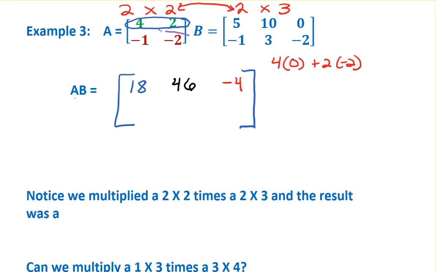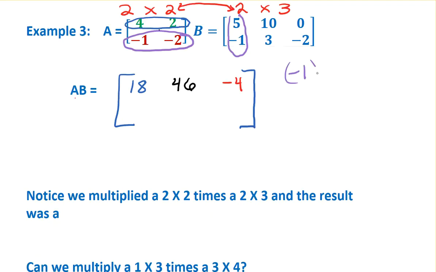So now we're going to take our second row and do the same thing. We're going to pair it up. And let's see if I can just quickly talk through this. So I pair up the negative 1 with the 5. So we'll have a negative 5 and the negative 2 times the negative 1.